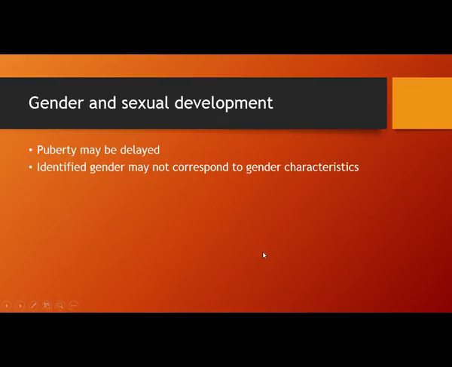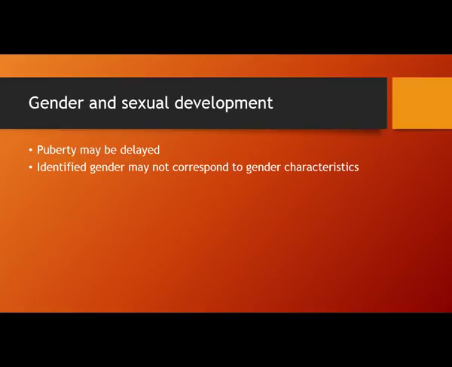Gender and sexual development. Well, this can be a minefield in that some people may not identify with the gender they were born with, or they may not identify with any gender at all. There are people nowadays that don't have a gender.